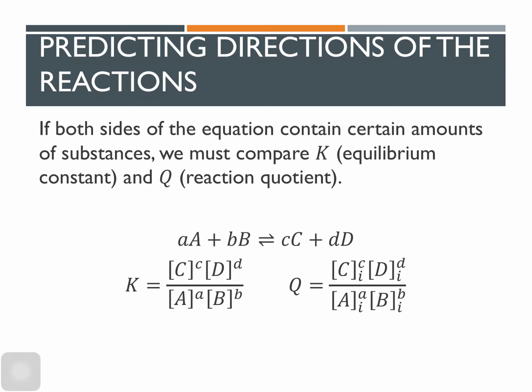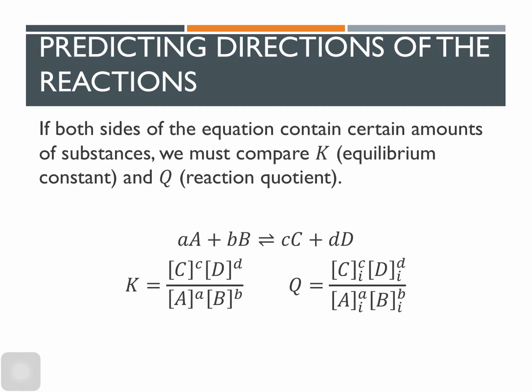So what we're going to do is that we should be given the K value. Here, this is given. We are going to solve for this, and we are going to compare the value of K and Q. As you can see also, K and Q have a similar structure. This is the concentration of products raised to their coefficients, over the concentration of reactants raised to their coefficients.